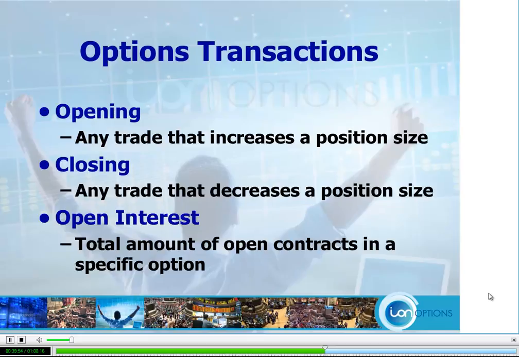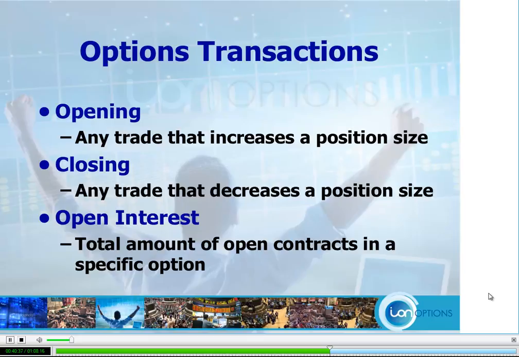Now, one other thing you're going to hear about is open interest. Open interest refers to the total amount of option contracts that are out there presently in a specific option. So, if I was trading an option and you and I did a trade, if it was an opening trade, the amount of open interest would increase because I'm opening and you're opening.